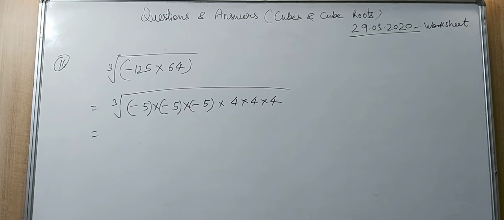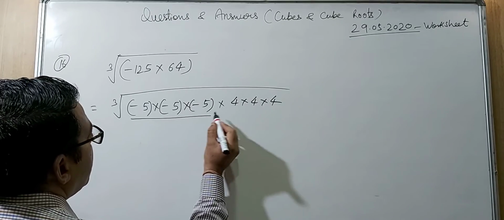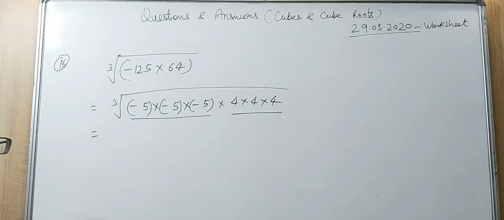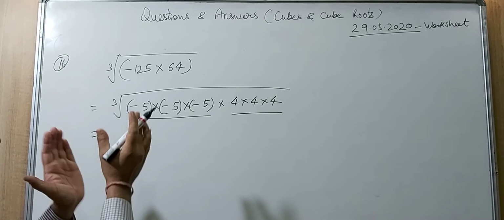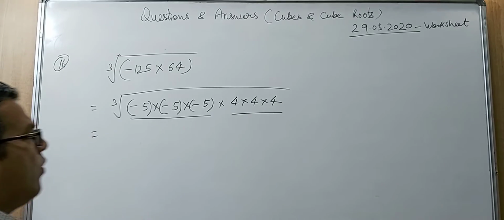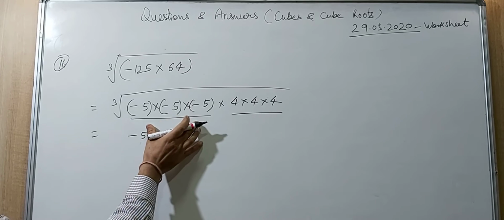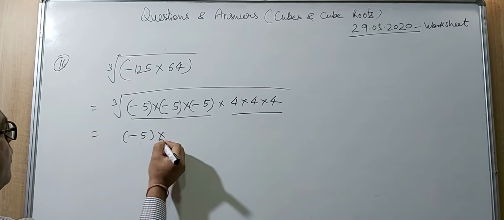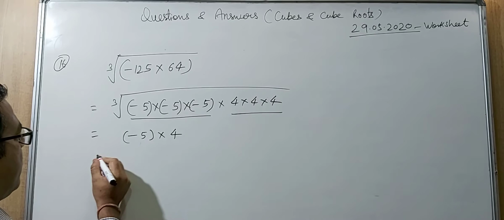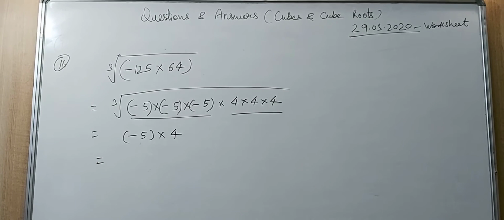This is very simple. Now the first triplet we are using here, prime factorization method. This is the first triplet of minus 5 and this is the second triplet of 4. So what we can do now, we can take one value from this triplet first, minus 5, and one value from this triplet, that is 4. So minus 5 into 4 we have, and after multiplying these two, we have minus 20.